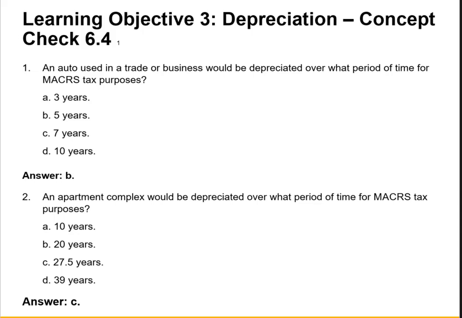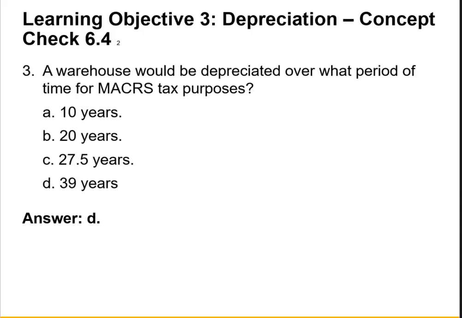It can get a little bit tricky when you have a building that's used for both commercial and residential. You're starting to get into percentages. Treat it like two different assets. One asset that's residential, 27 and a half years, and the second one that's 39 years. Warehouse, 39 years.